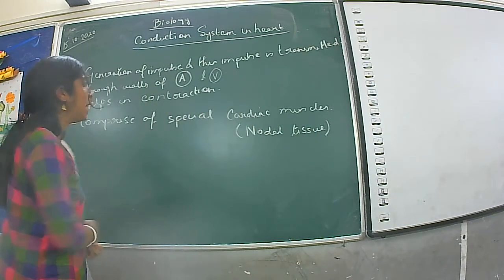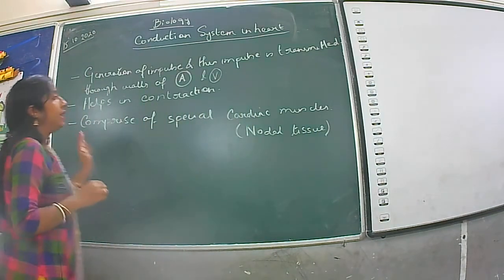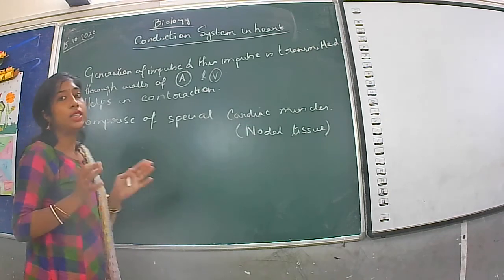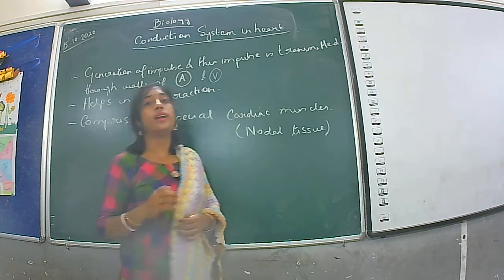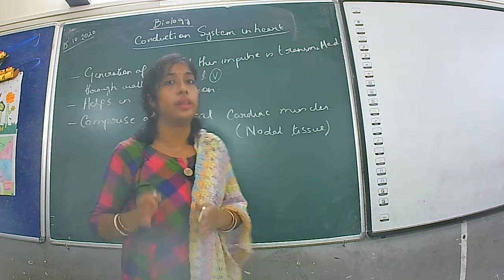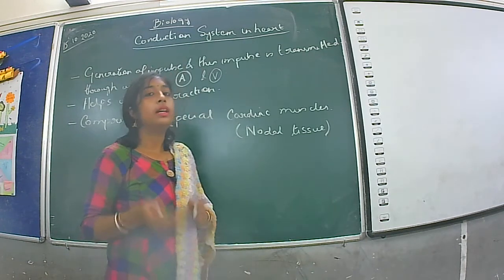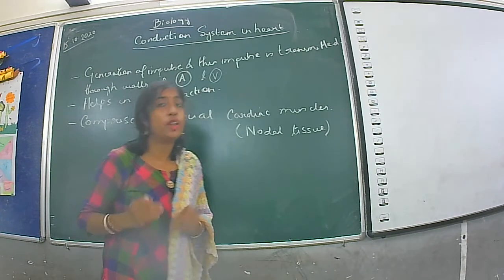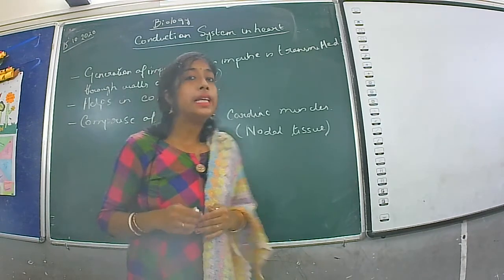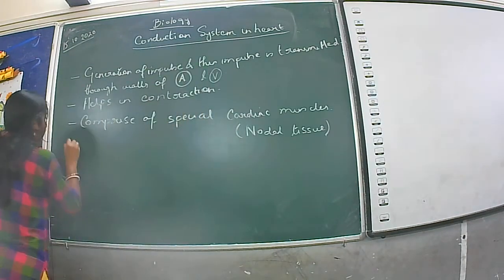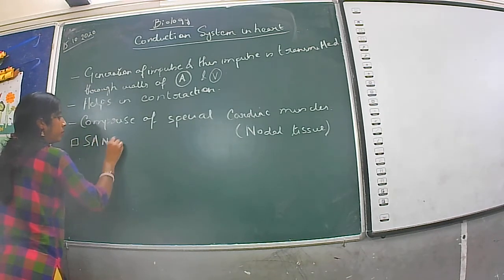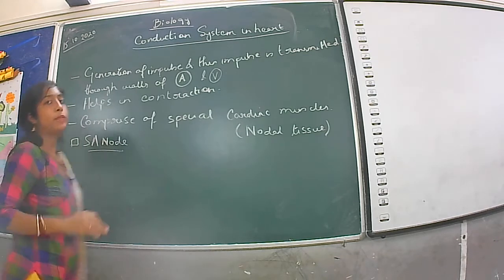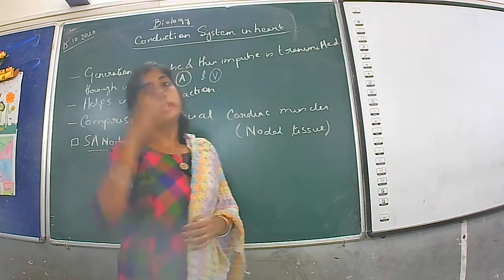Now, for understanding this conduction system, you need to understand a few things. This impulse is first of all generated from the SA node. Let me explain first, then I am going to write it down.